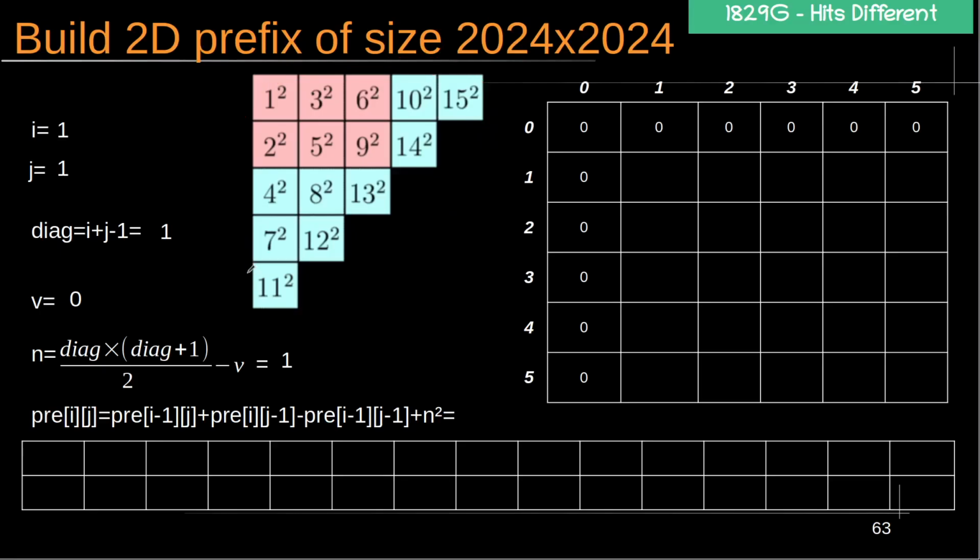This formula is to compute the prefix sum of the original matrix. Again, if you don't know how the formula is derived, you can see the video linked in the description that deals with the 2D prefix array. If I use this formula, I will find the prefix at ij is equal to 1.